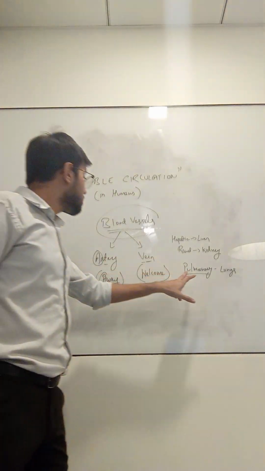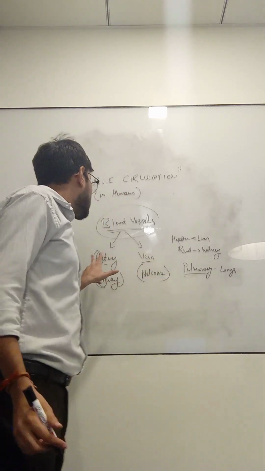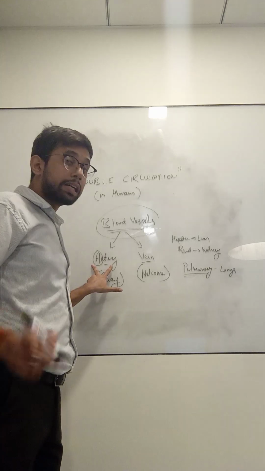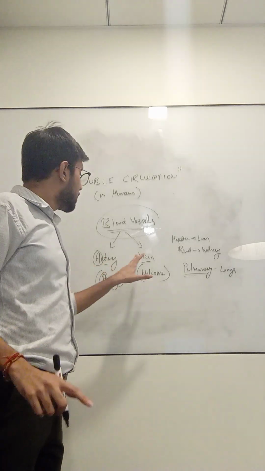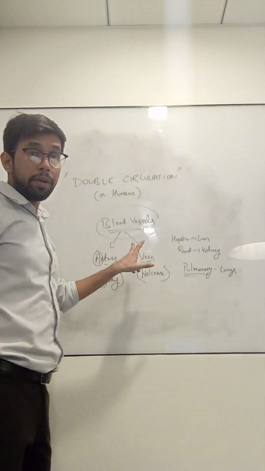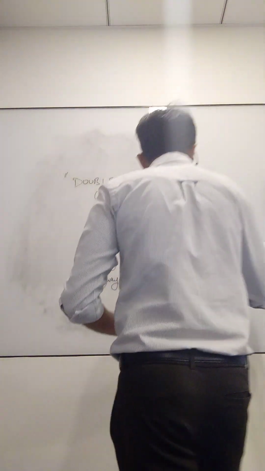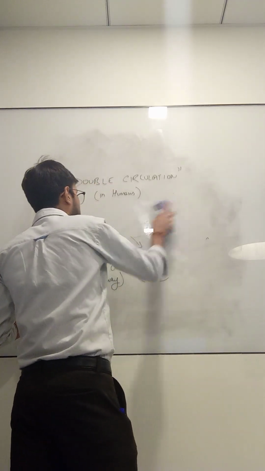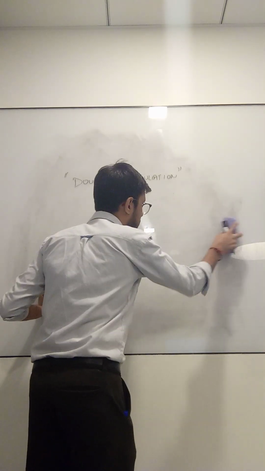Now we'll come across some terms like pulmonary artery and pulmonary vein. So the artery that would be connected to the lung would be the pulmonary artery. The vein that would be connected to the lung would be the pulmonary vein. Easy. Now let me tell you what actually happens.